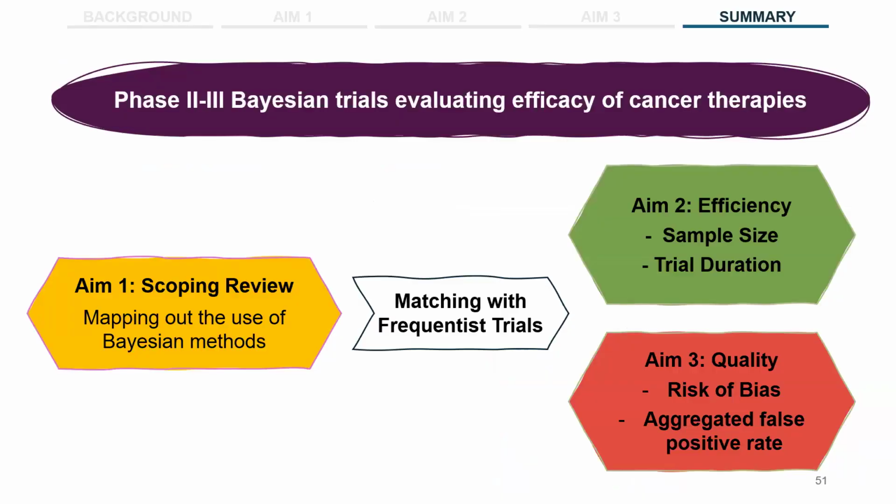To recap, this is the overall picture. We're looking at later phase Bayesian trials evaluating efficacy of cancer therapies. We're going to do a scoping review to map out the use of the Bayesian methods, match each Bayesian trial with frequentist trials, and then compare the efficiency and quality between those two groups.